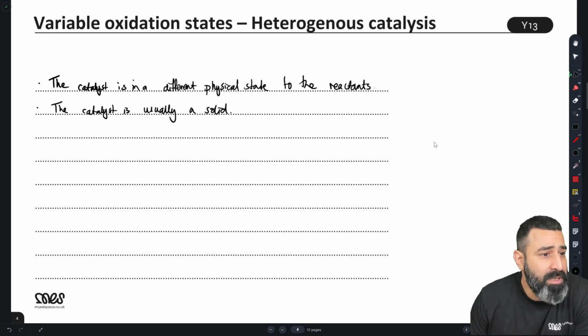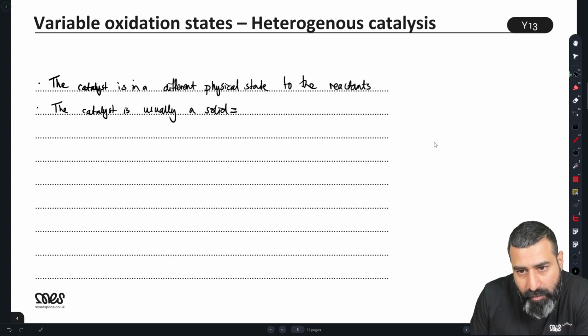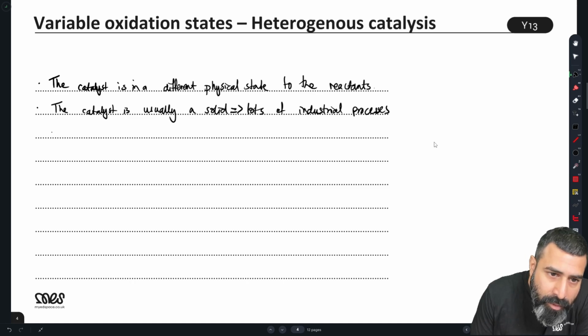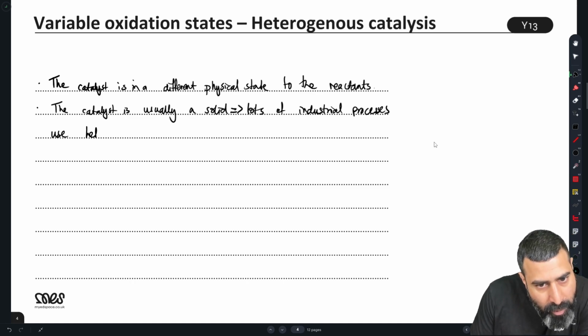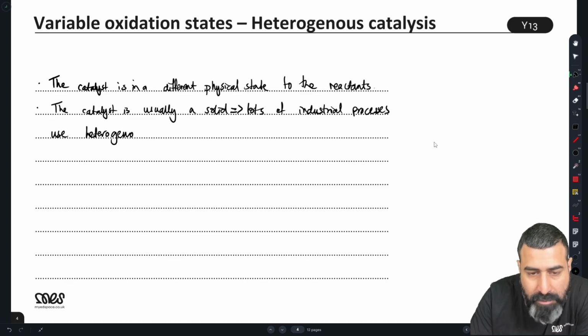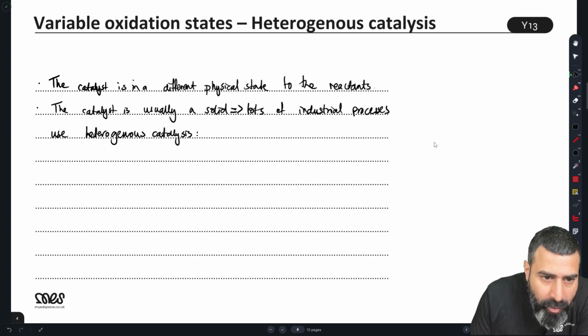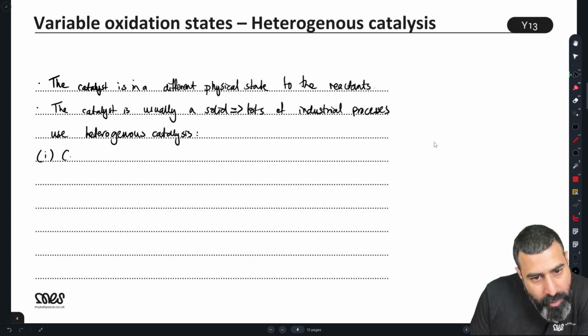Okay, so lots of industrial processes take advantage or use heterogeneous catalysis. For example, 1. The contact process.